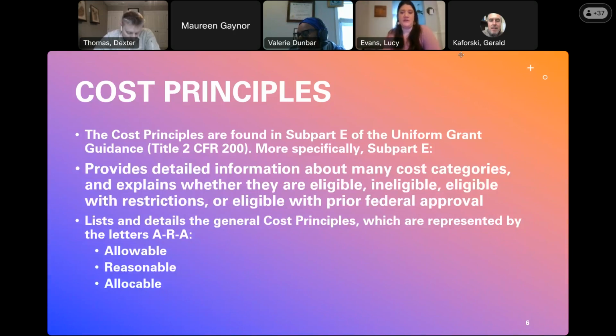More specifically, Subpart E provides detailed information about many cost categories and explains whether they are eligible, ineligible, eligible with restrictions, or eligible with prior federal approval. Cost principles also list in detail general cost principles, which are represented by the letters ARA: allowable, reasonable, and allocable.